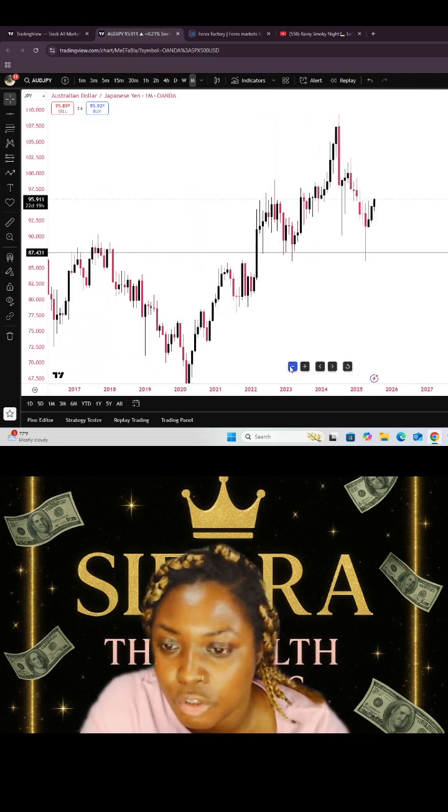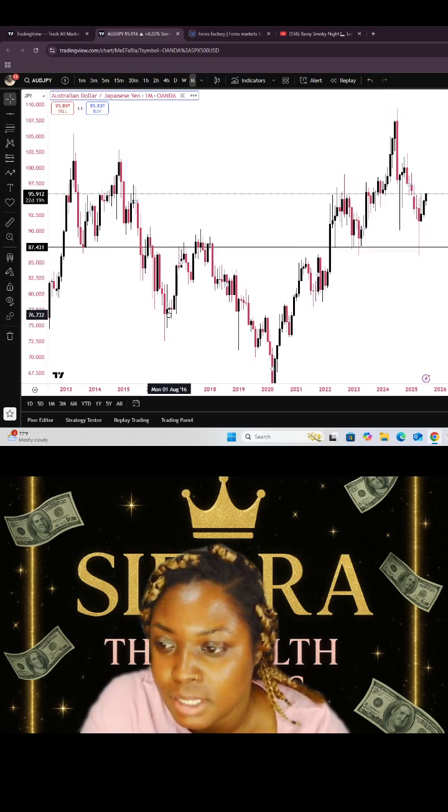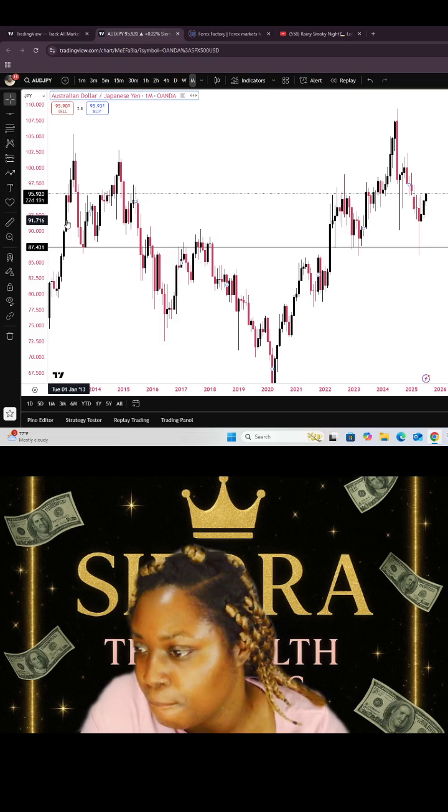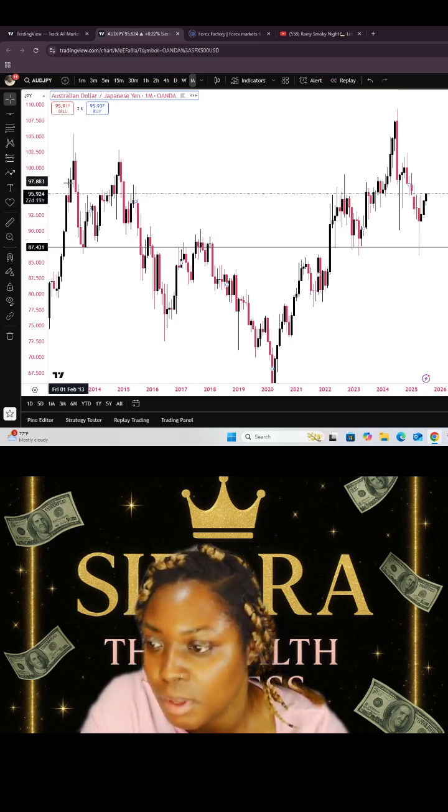So I am going to zoom over. I want to see if there's a zone over here. And I see a fair value gap here and here. And I also see an order block. Well, yeah, this is a monthly candle. I see an order block here.